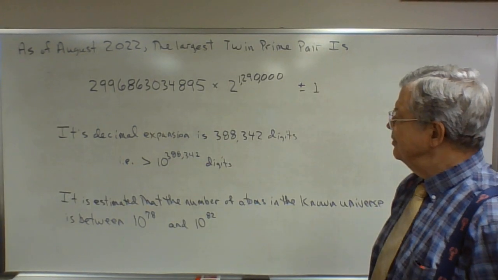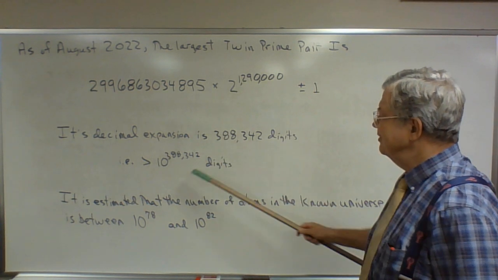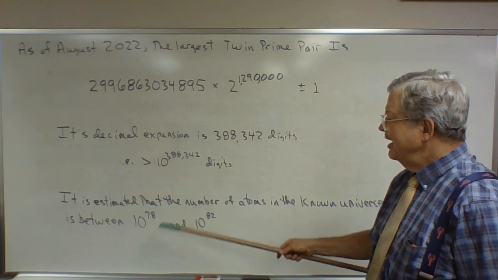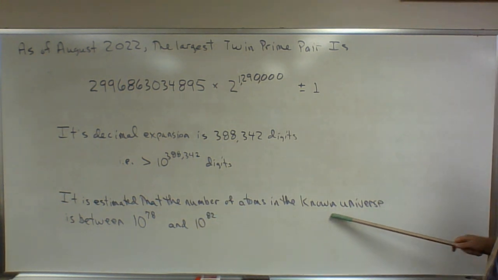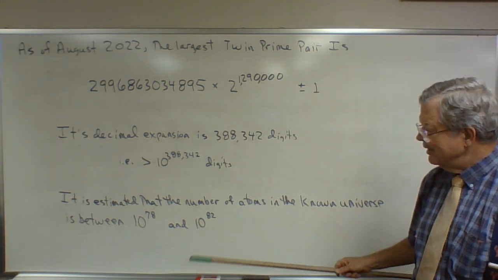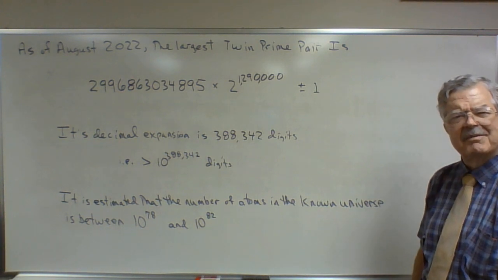It is estimated that the number of atoms in the known universe is between 10 to the 78th power and 10 to the 82nd power.